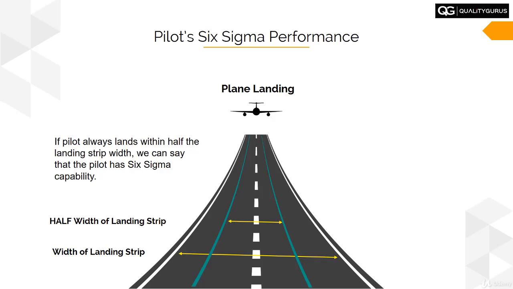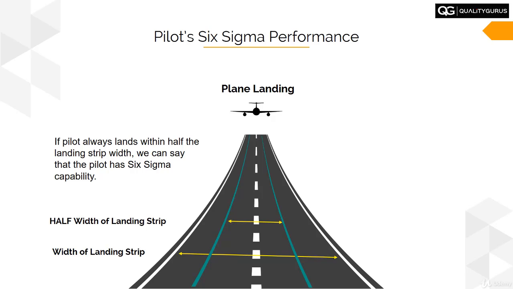That is also fine because this landing strip has some width. So the pilot has some flexibility to land a little bit left, a little bit right. But if the pilot lands beyond this strip, that is not acceptable.